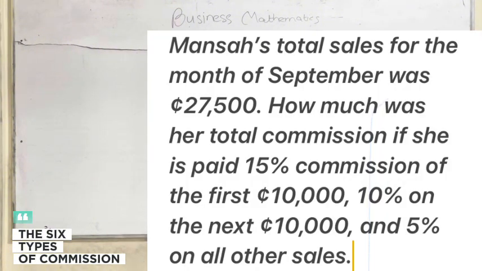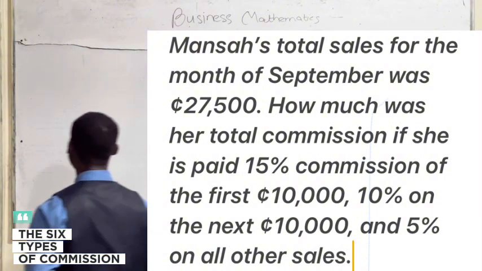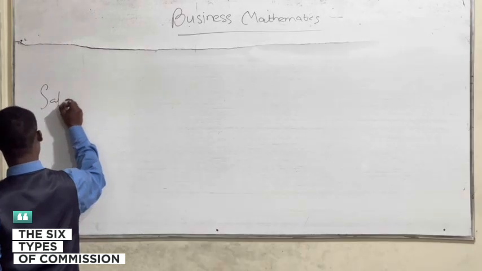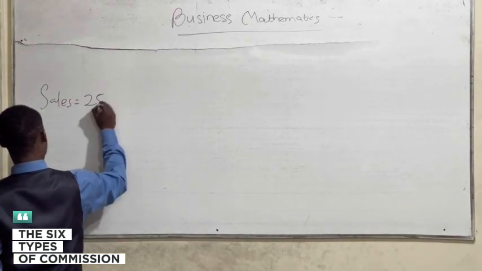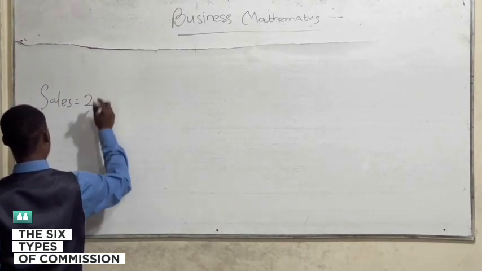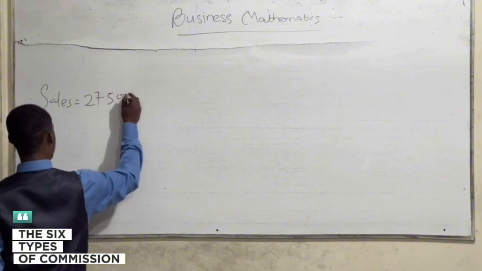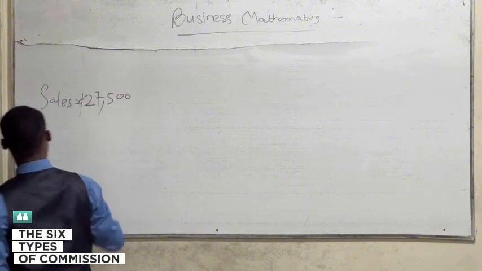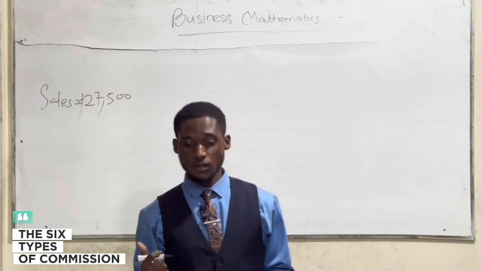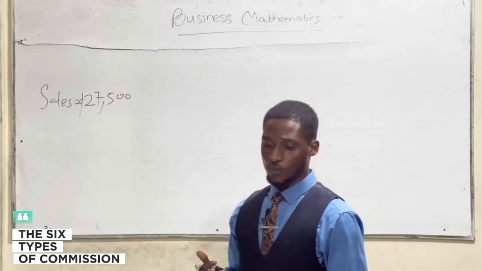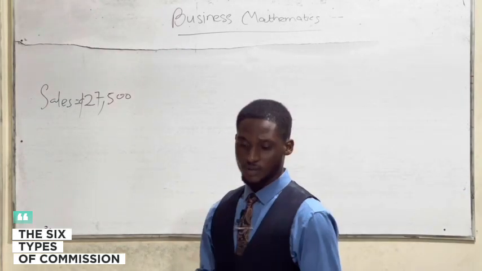So for instance, Mansa's total sales for the month of September was 27,500 cedis.